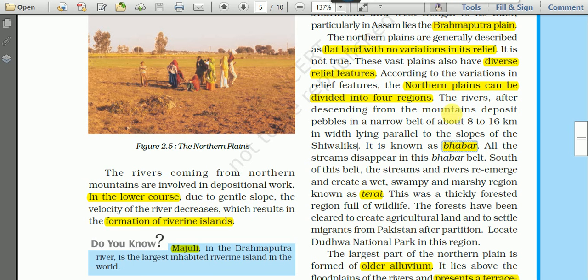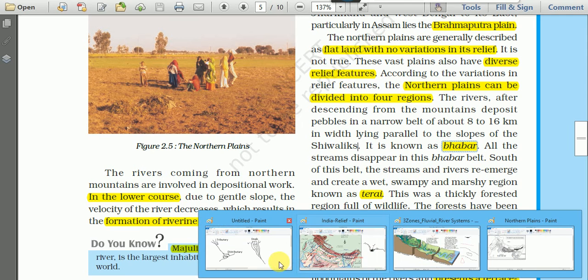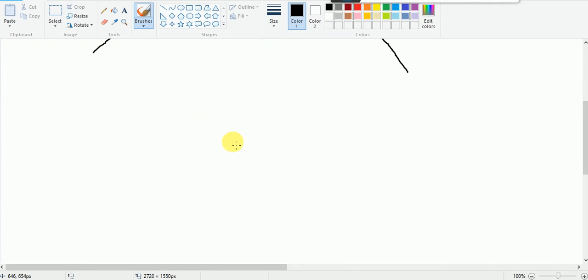The rivers, after descending from the Himalayas, deposit pebbles in a narrow belt of about 8 to 16 kilometers wide, lying parallel to the slopes of the Shivalik, and it is known as Bhabar. Here, let us say these are the 3 parallel ranges of the Himalayas.